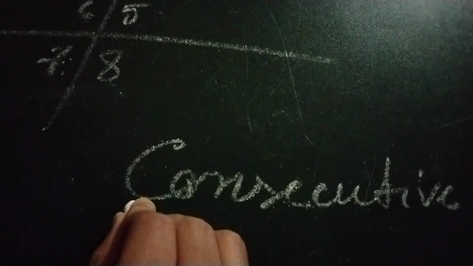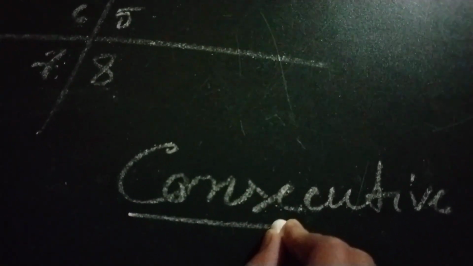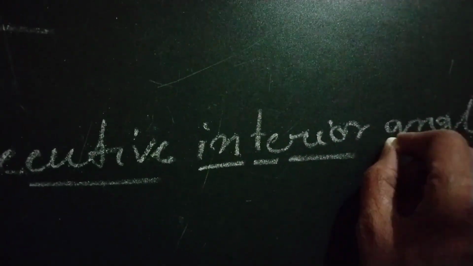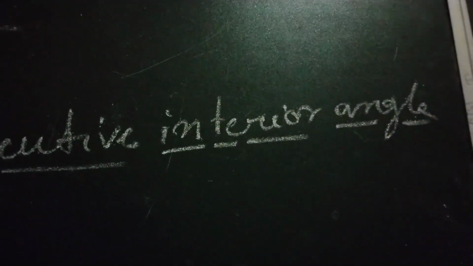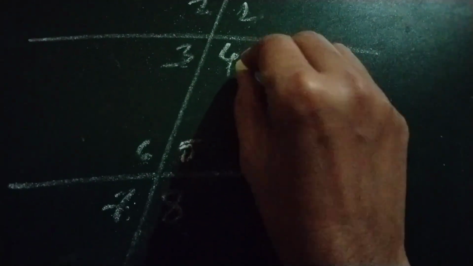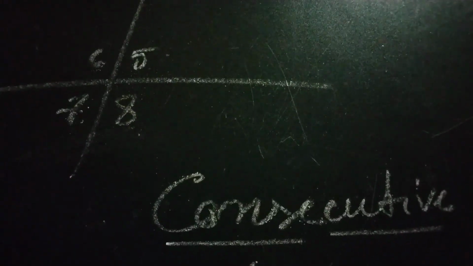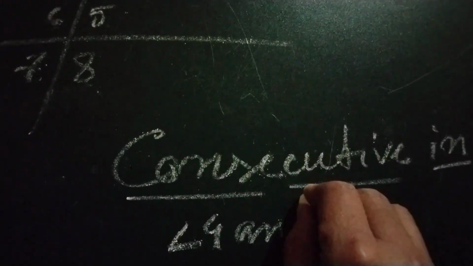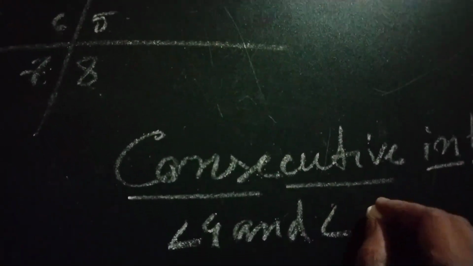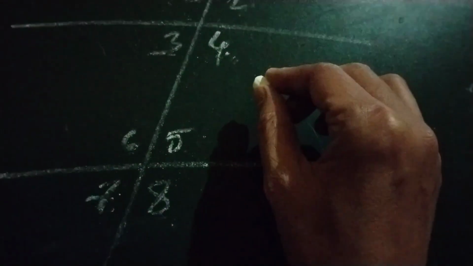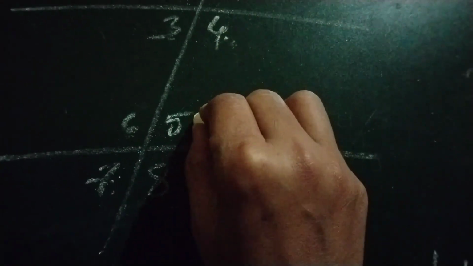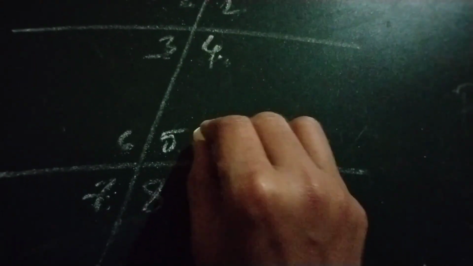Now we will learn about the consecutive interior angles. Which are the consecutive interior angles in this diagram? Notice it. Angle 4 and angle 5 are known as consecutive interior angles. Notice the position of angle 4 and angle 5.